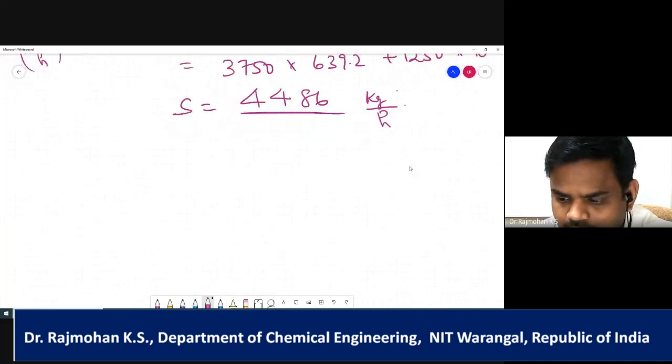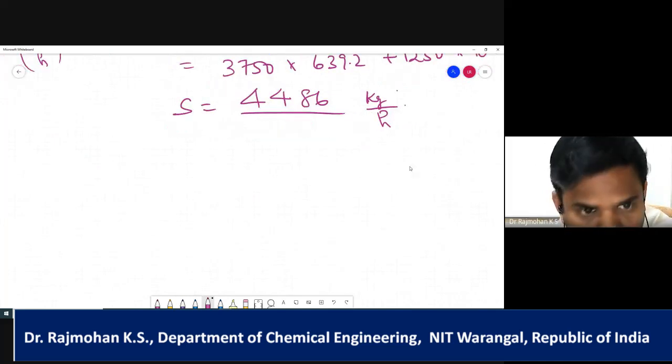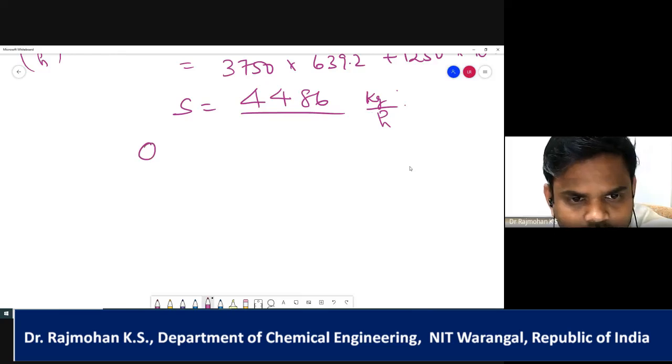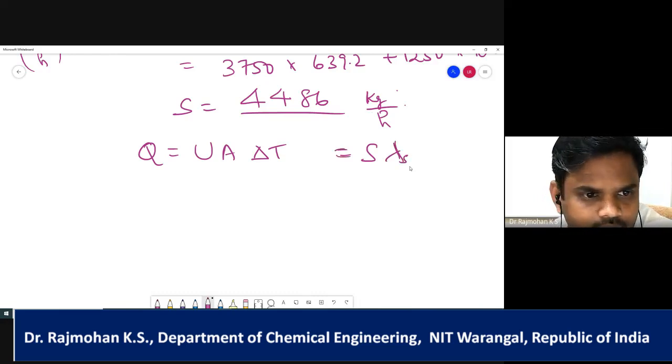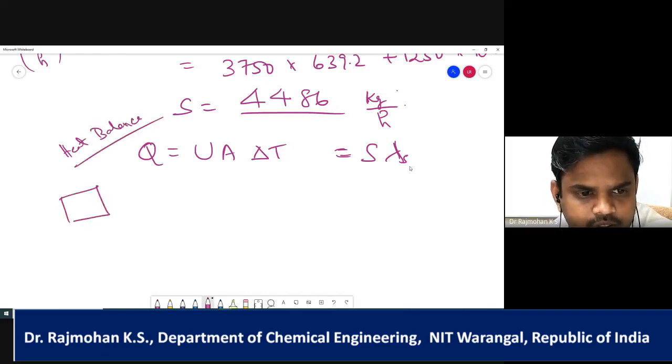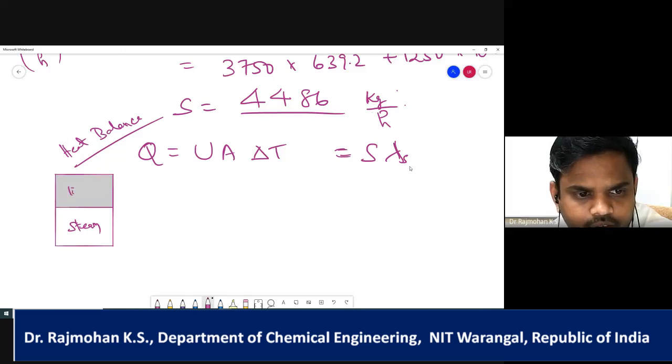Okay, so once we have S value, what we can determine is we know the heat transfer, right? Q equal to UA delta T, which is equal to S into lambda S. Okay, so that is the heat balance. Heat balance in the system is, so we have steam, we have liquid.